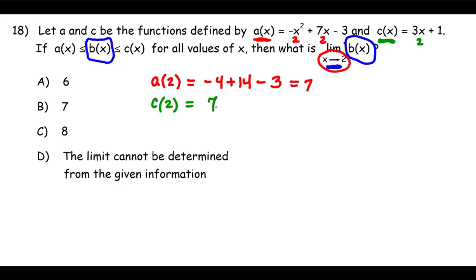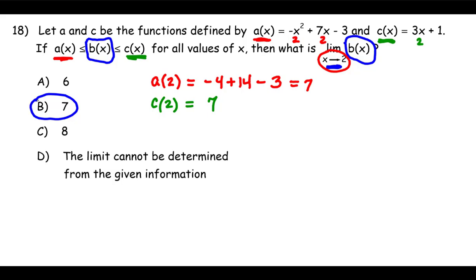So when x is 2, A goes through the point (2, 7), C goes through the point (2, 7), and B is between A and C, as you can see right here with this inequality. And if they're both heading to a height of 7, B has no choice. B also has to hit 7, or the point (2, 7), so the proper answer, the correct answer, is choice B.